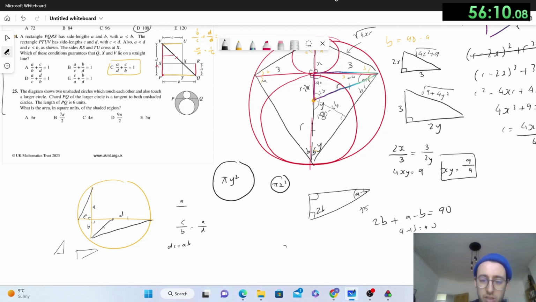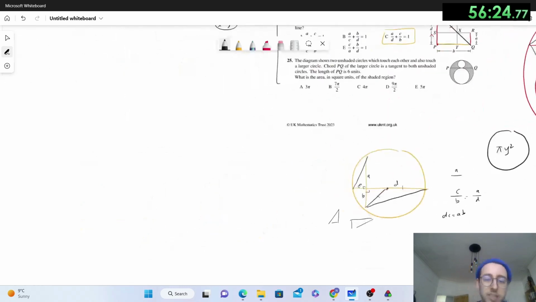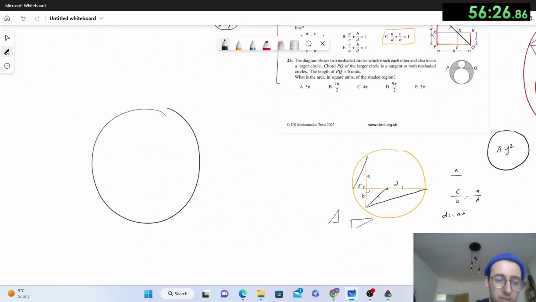Hold on. Oh, wait. I've just got 9 equals 4xy again. I knew that anyway. That is definitely part of it. And the other part is something to do with a circle with 2 circles tangent inside it.